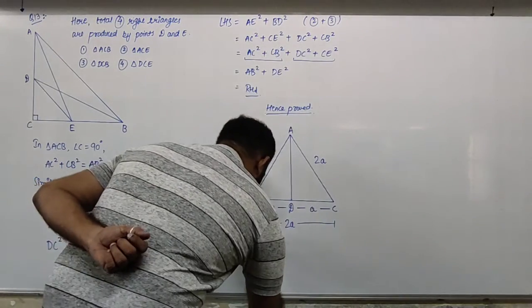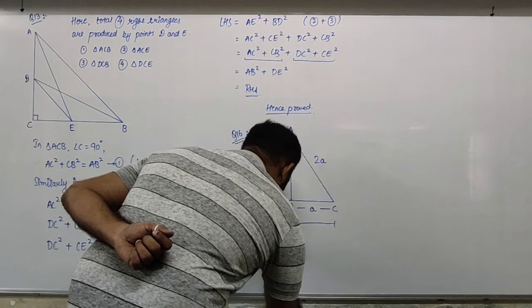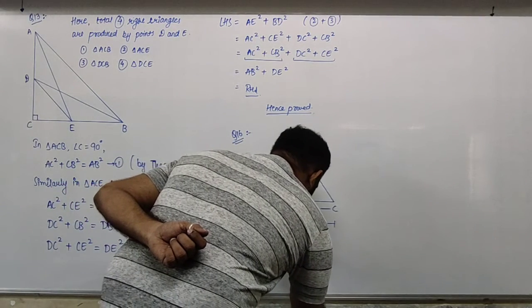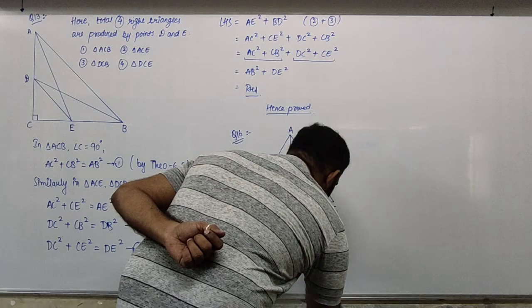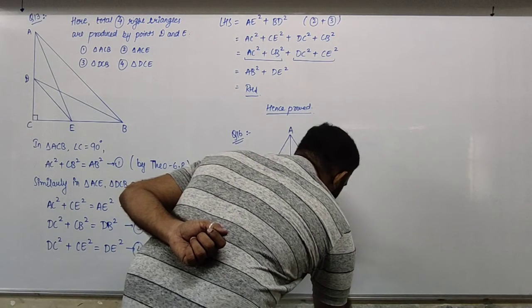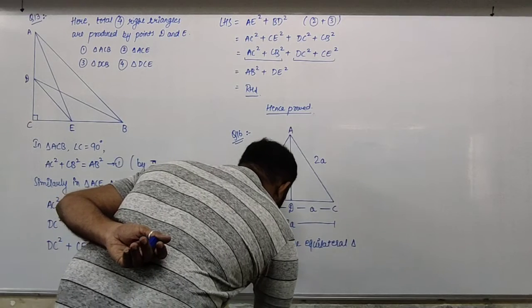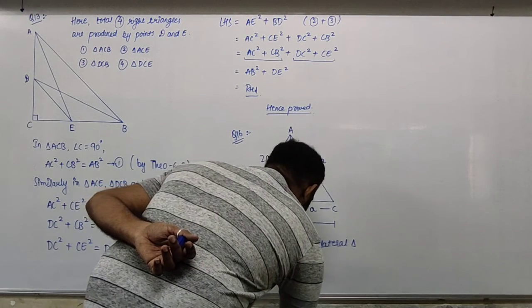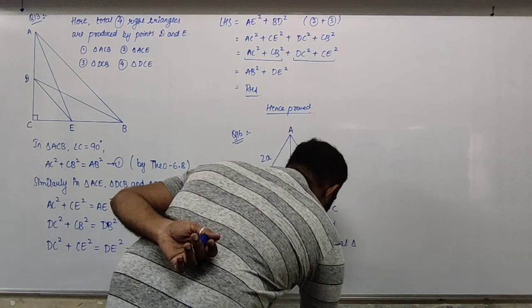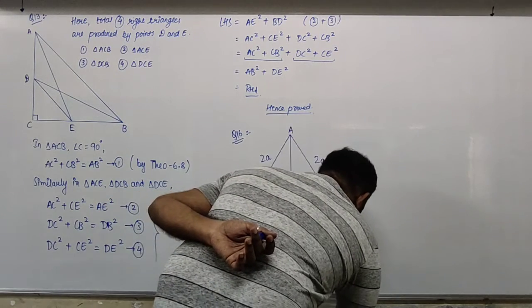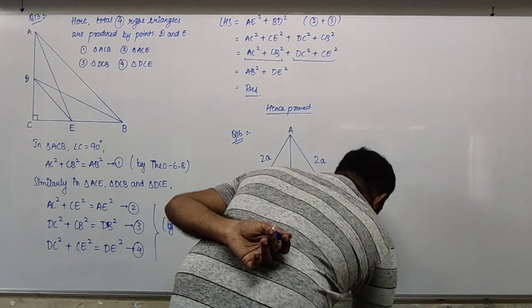So let us say here, let the equilateral triangle have sides equal to 2a units.